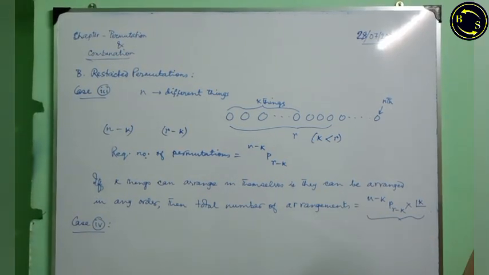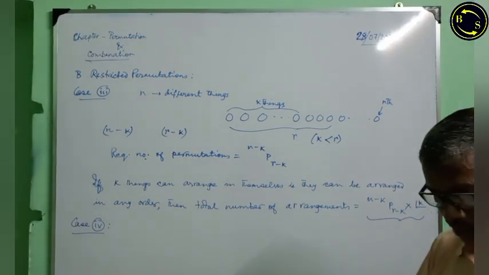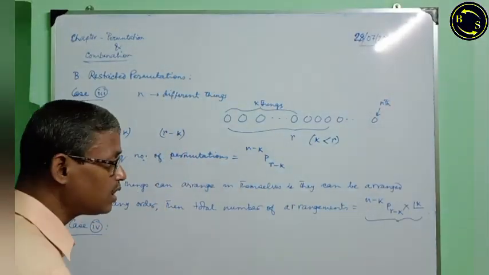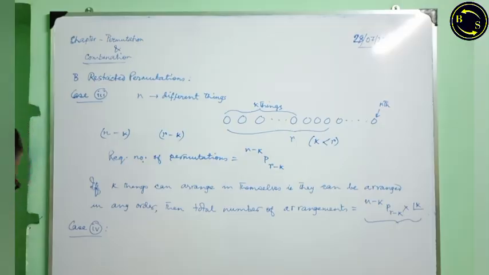Now, in this case, k things out of r things will be together.